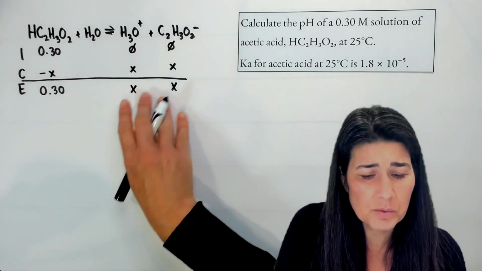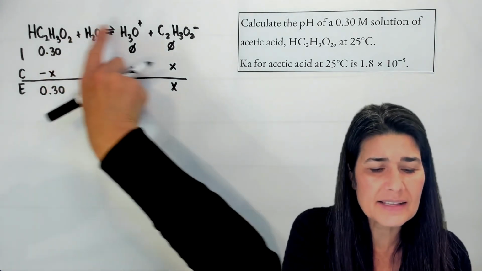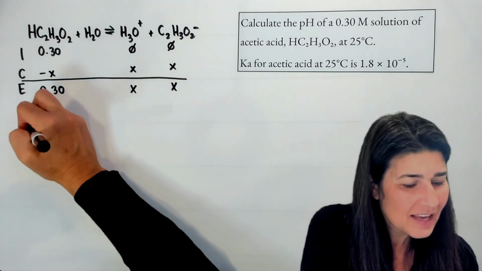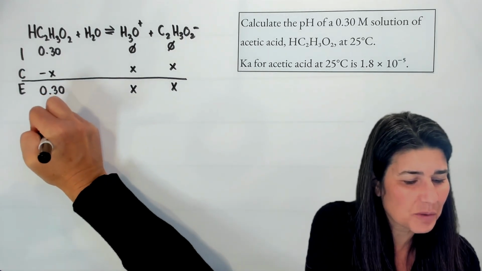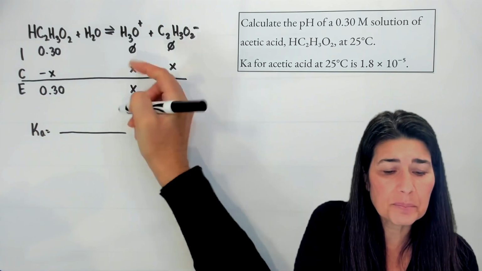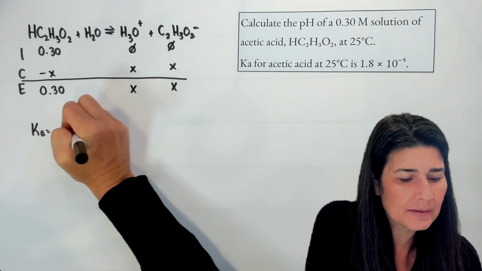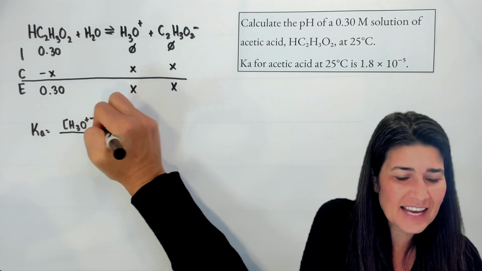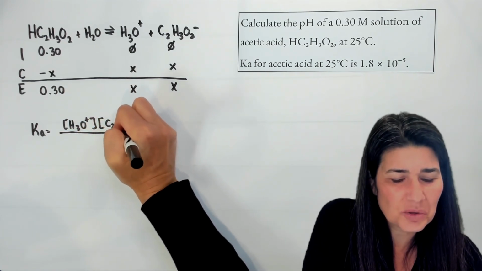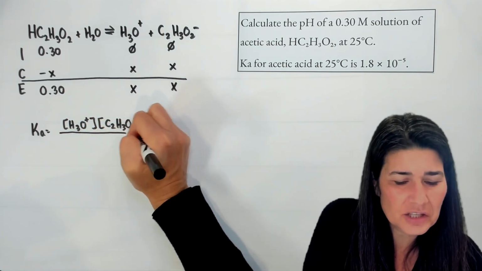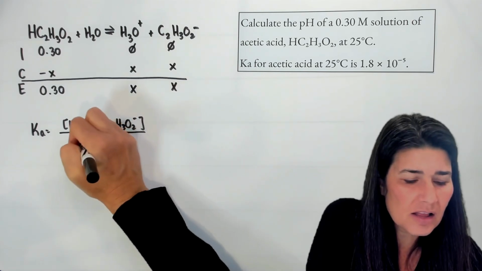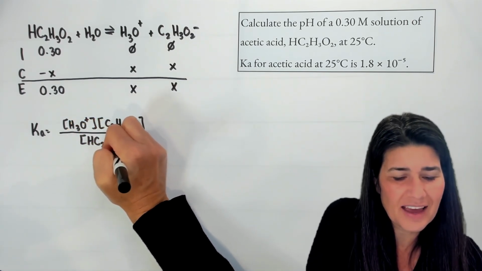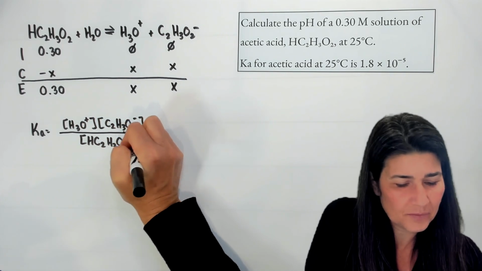So this is a 0.30 molar solution. Now we have our equilibrium values. We put our acid in water, we iced it. Let's use our Ka. The Ka expression is our products, hydronium, H3O+ to the first power, acetate, C2H3O2- to the first power, all over the acetic acid, HC2H3O2 regular.